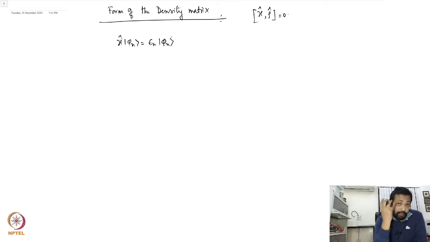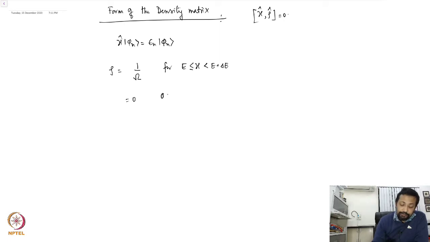Now, for a microcanonical ensemble, I know that this density is 1 over Ω for energy which lies between E and E plus δE. This is for the classical case also. We have seen that, right? Otherwise, here for the quantum mechanical case, I am going to have delta.